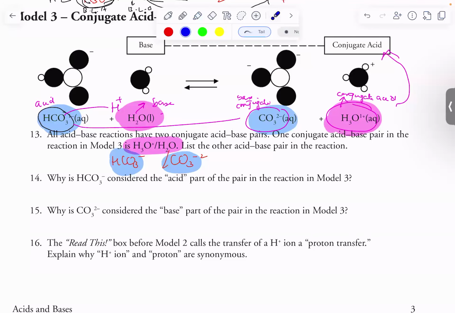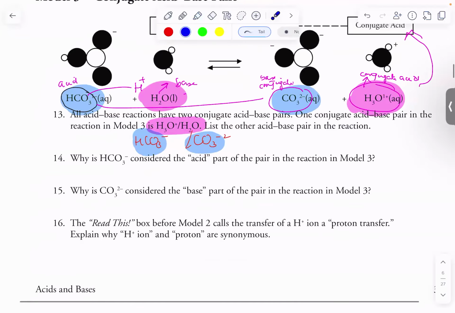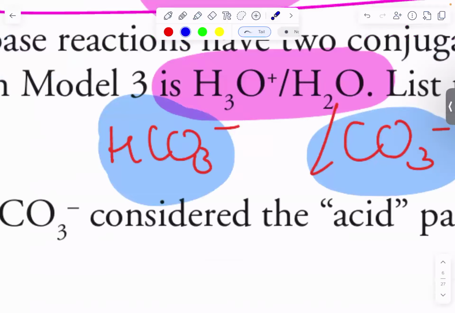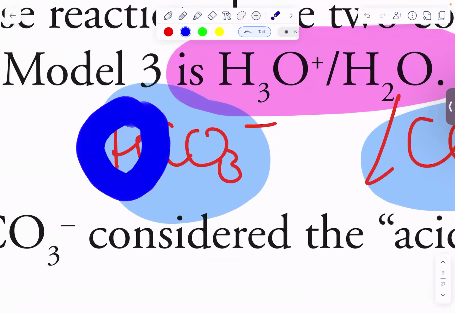Should I explain again? Nope, I understand it. I'm just writing it down. Okay, I thought that you were still thinking about it. All right, good. So why is HCO3 negative considered the acid part of the pair in the reaction in Model 3? Because it donates a proton. Because it still has a hydrogen. Can you see this hydrogen?